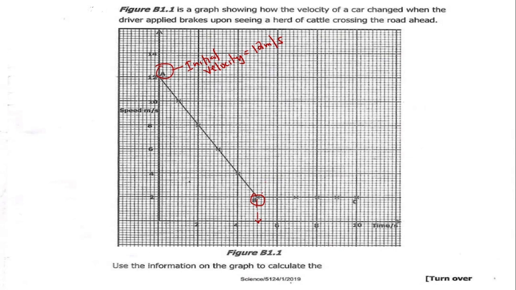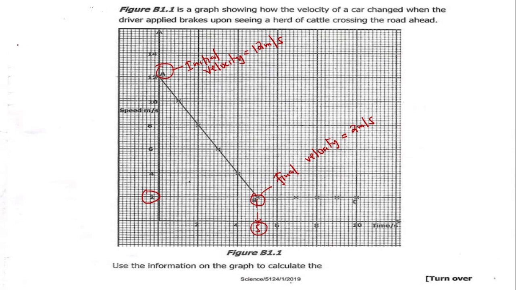At B, we have our final velocity, which happens to be 2 meters per second. Then the time taken for this car to retard, from 0 to 5, is 5 seconds.